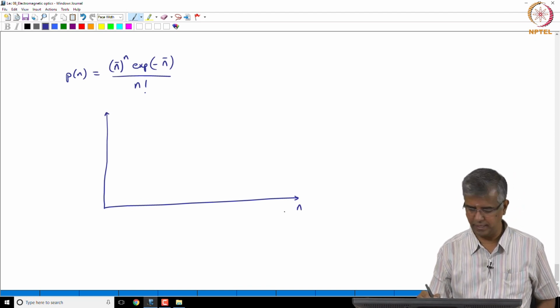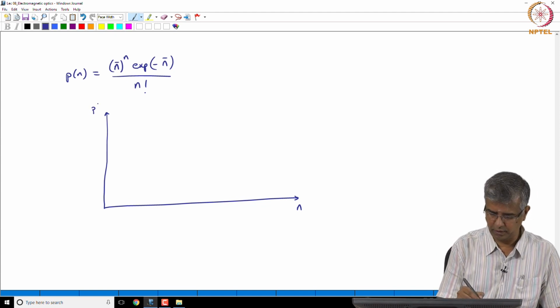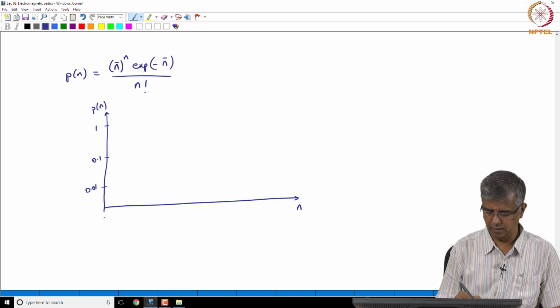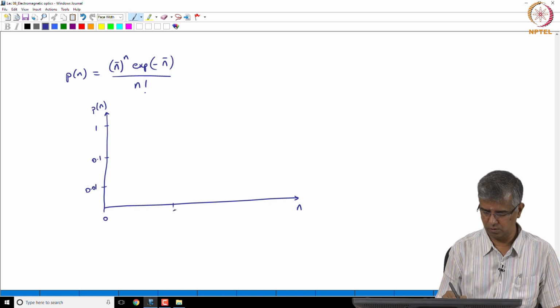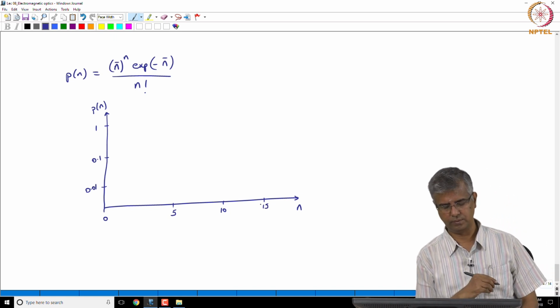Here I have n, and I am plotting P of n in log scale, so 0.1, 0.01 and so on, and n let us say 0, 5, 10, 15 and so on.